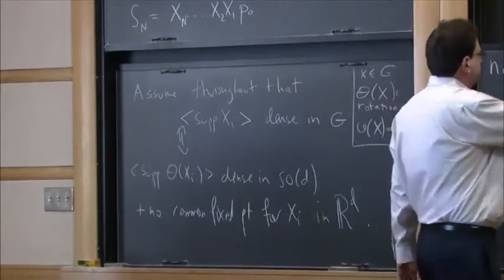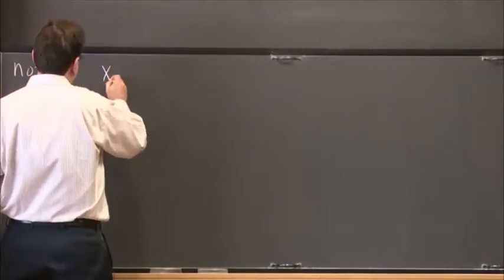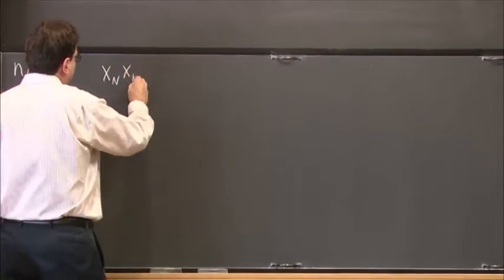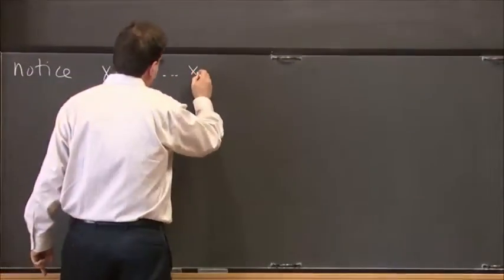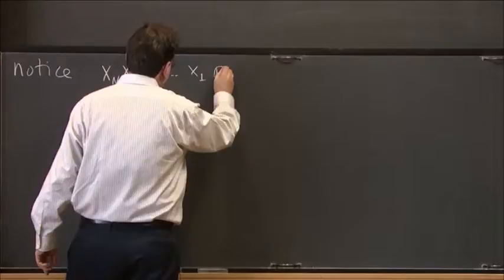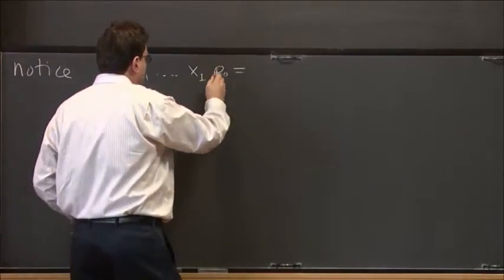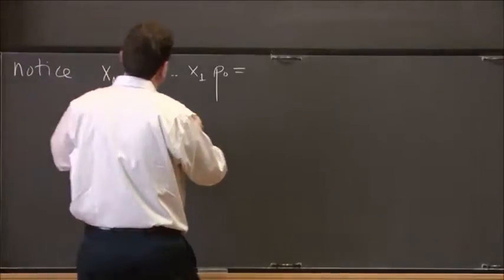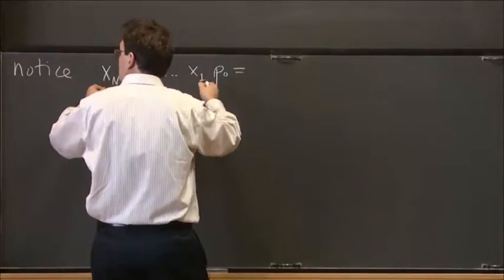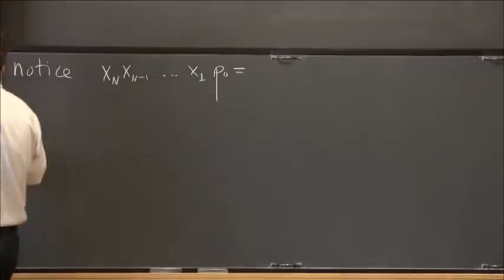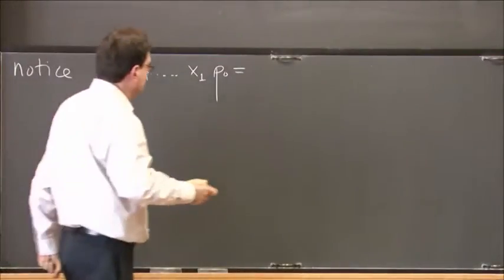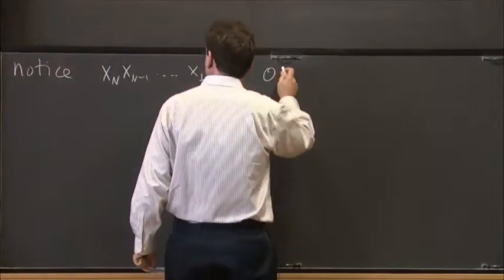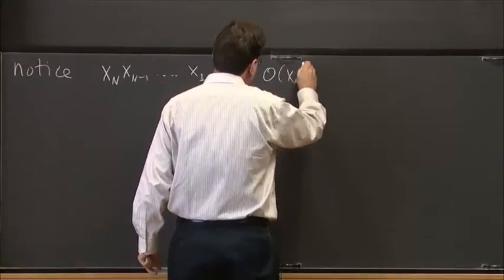Let's look for a minute at what this actually is. I start with some point P0, and this would actually be a sum. Each time I rotate plus translate.